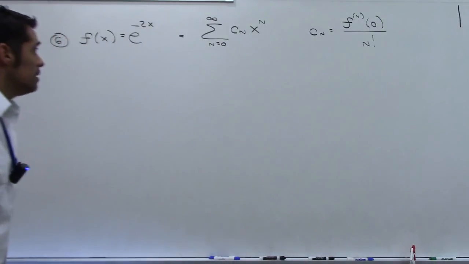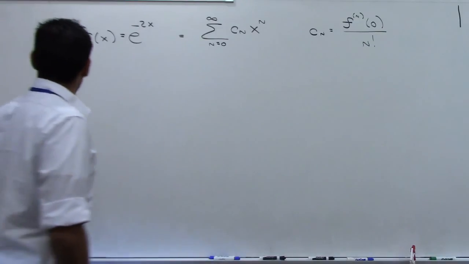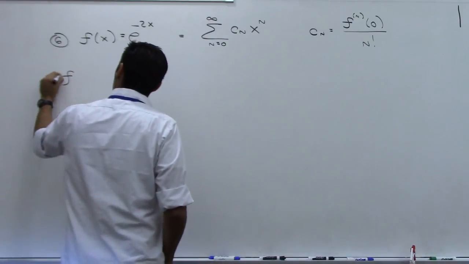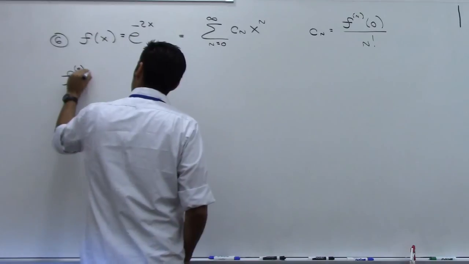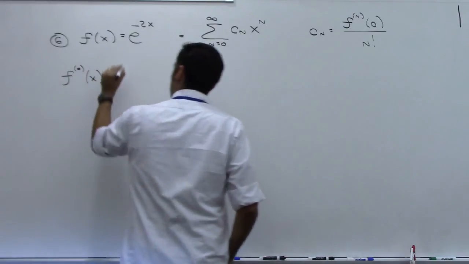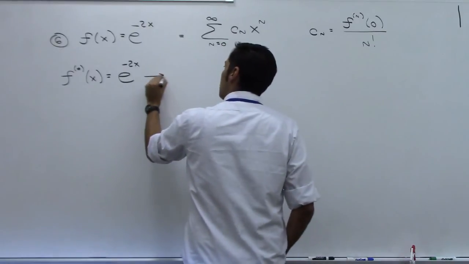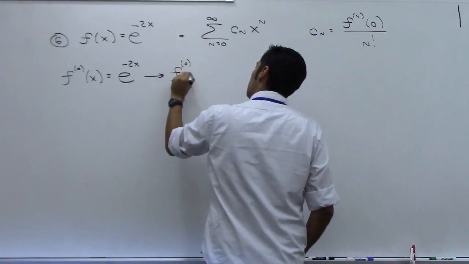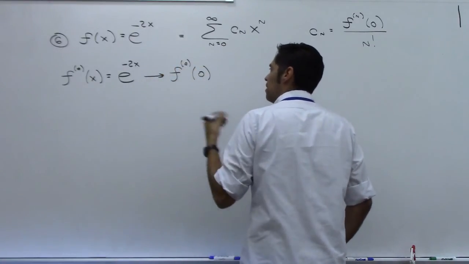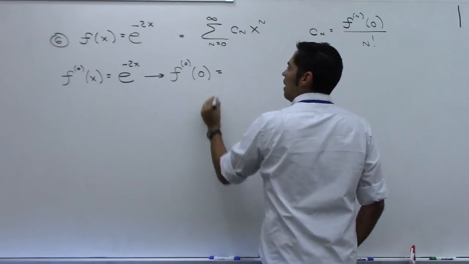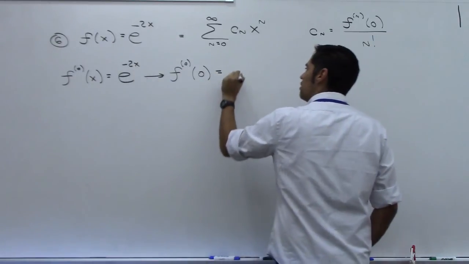All right, so let me start getting a handle on these derivatives. The 0th derivative of this function is just the function itself, e to the negative 2x. If I take the 0th derivative and plug in 0, because this is a Maclaurin series, e to the 0 is 1.